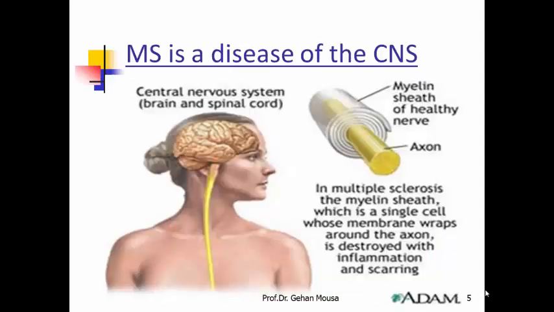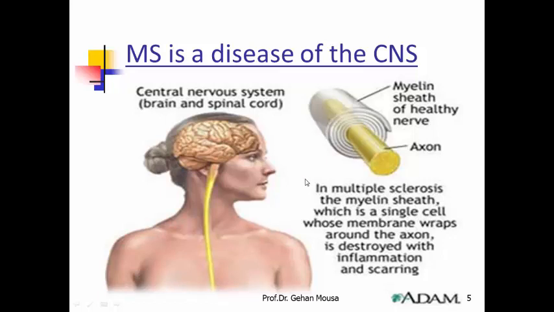This figure explains the central nervous system, brain and the spinal cord. Inside the brain there are interneurons, and the spinal cord carries the ascending tracts that carry impulses from the periphery up to the spinal cord, and descending tracts that carry signals from high centers down to the spinal cord, then to the periphery.